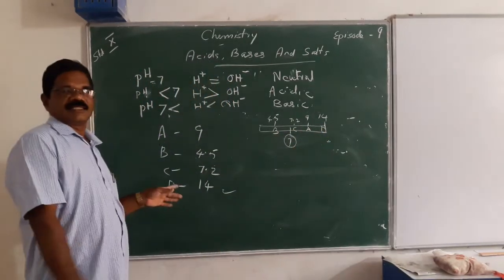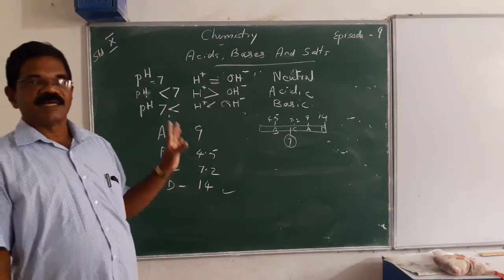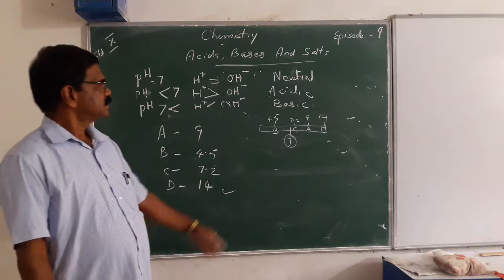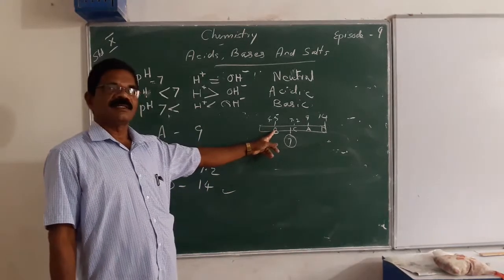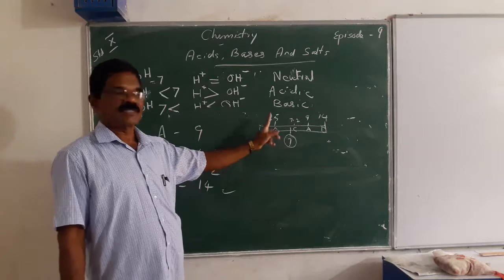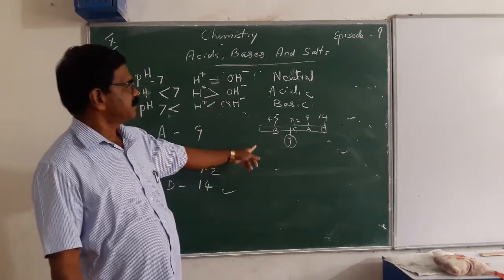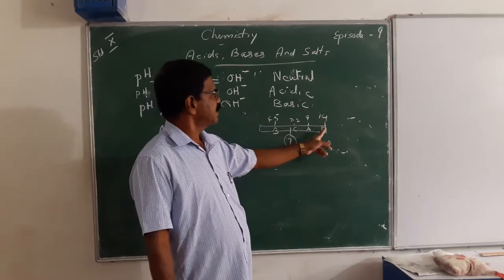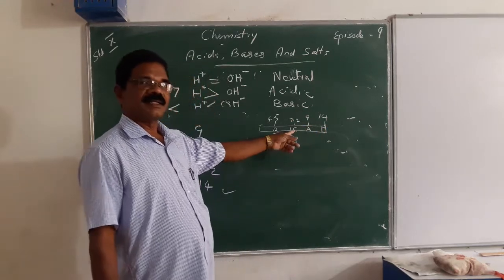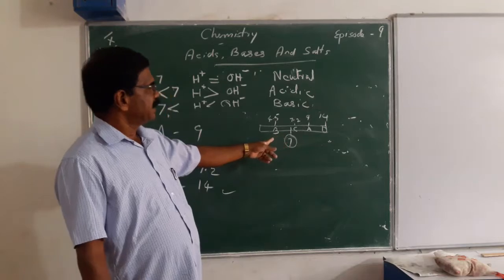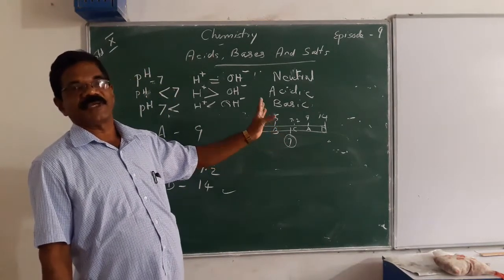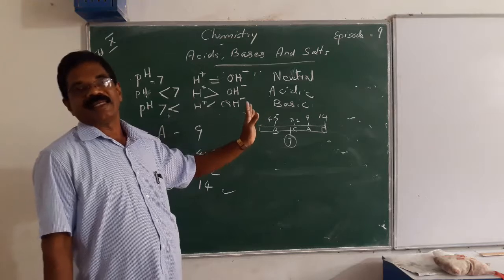Then you can easily find out which is the acid. Which is the acid here? B, the only one below 7. Which is the strongest base here? D. Which is the weakest base here? C. Arrange the following in increasing basicity.